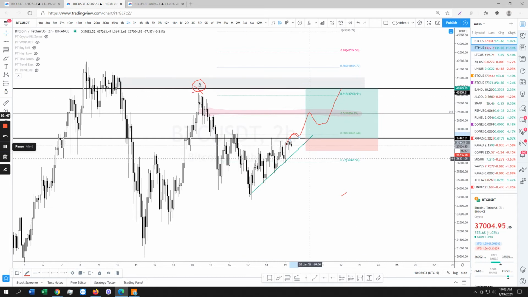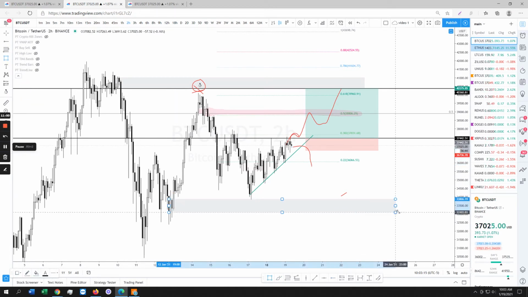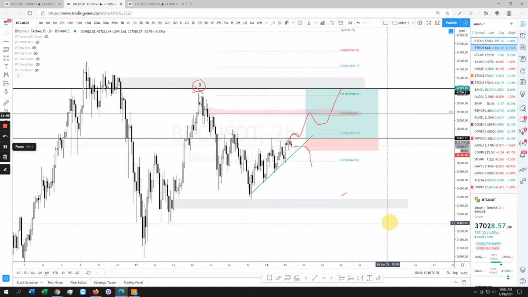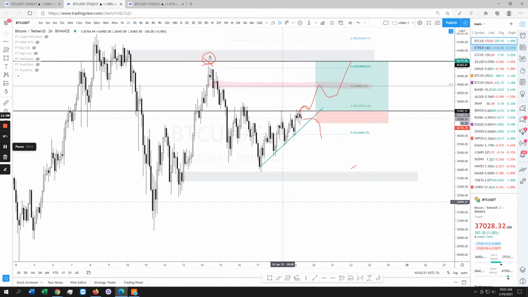Now, if this thing happens to roll over, just saying, if it happens to roll over like this, I don't see us stopping till down here if it rolls over.